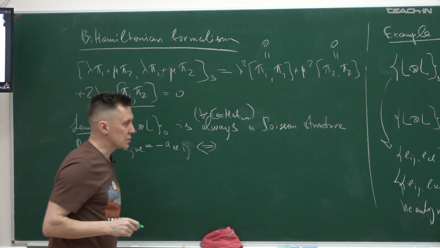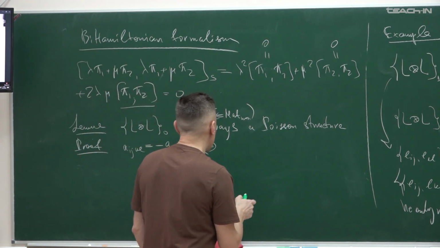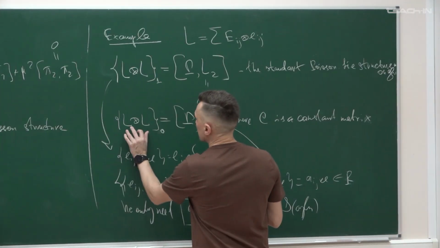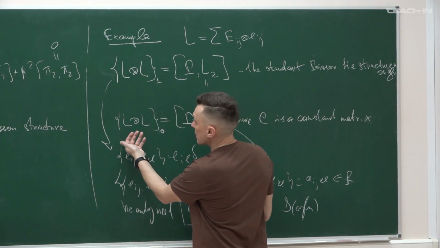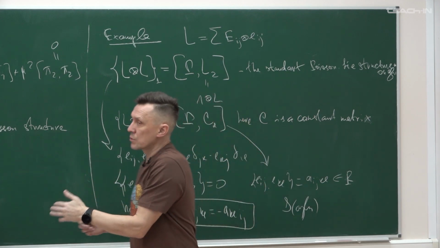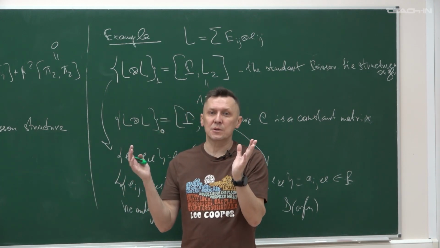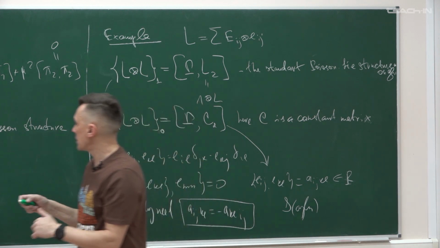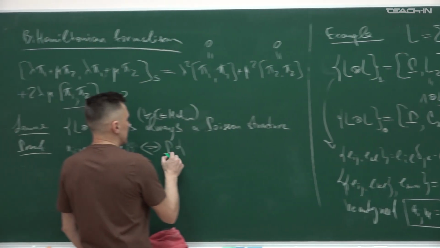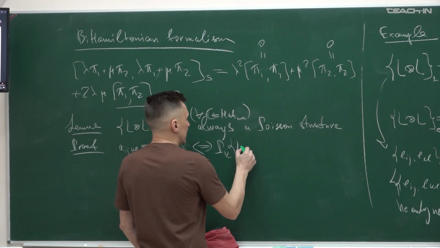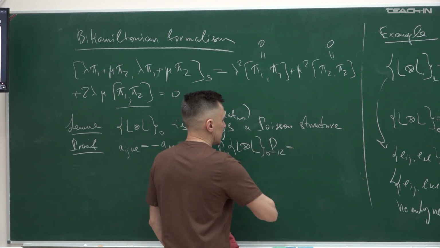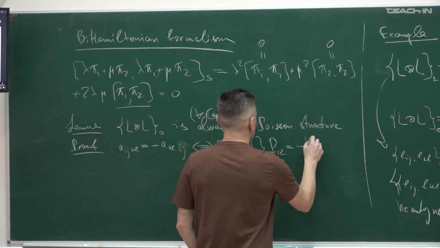This is equivalent to the following expression. It is equivalent to exchanging the components in this Poisson bracket, and I will describe it by matrix operations. So it is equivalent to the following, that P12 L0 P12 is equal to minus L0.